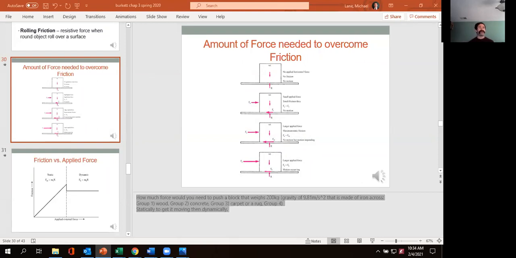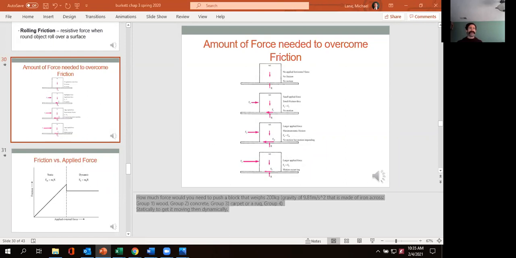Congratulations, we'll give you ice. How much force do you need to produce on a pure horizontal vector to overcome the frictional force, both static and dynamic? You're going to have to Google the coefficient of friction between this and this, static and dynamic.